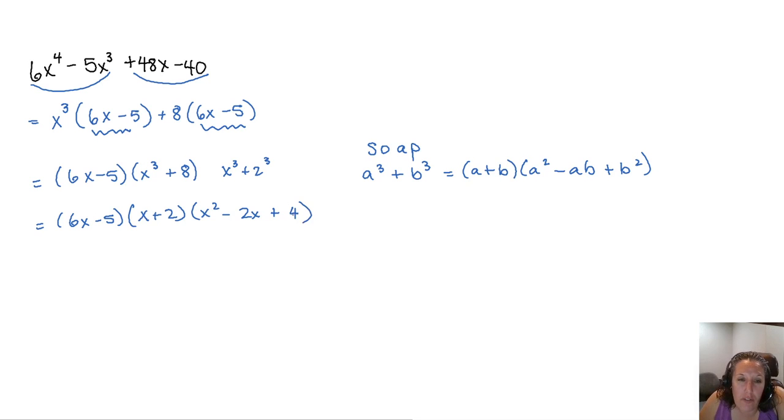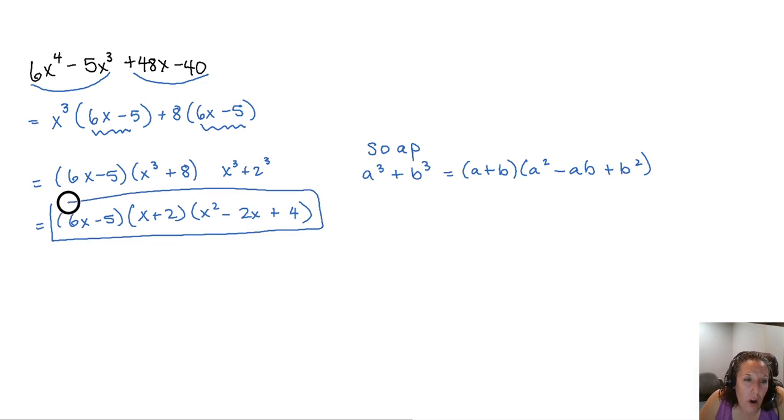But if we look for factors of 4 that add to negative 2, we are not going to be able to find any. Anytime we use that SOAP formula, what we're going to be left with is going to be a prime trinomial, and so our factors are going to be 6x minus 5, x plus 2, and x squared minus 2x plus 4.